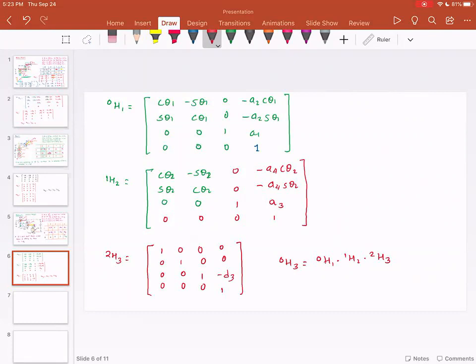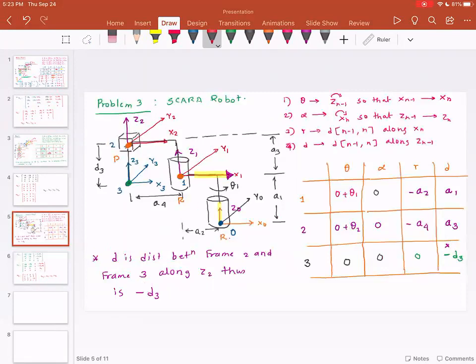Oh, it's not bad as long as you know how to use it. What was the value in the table d for frame 3? Minus d3.